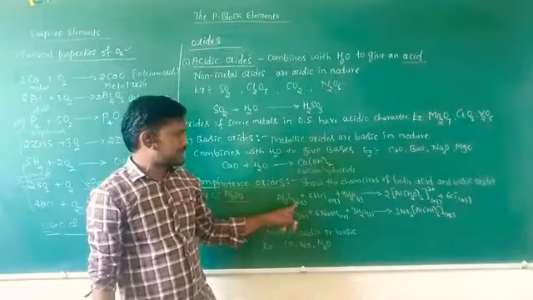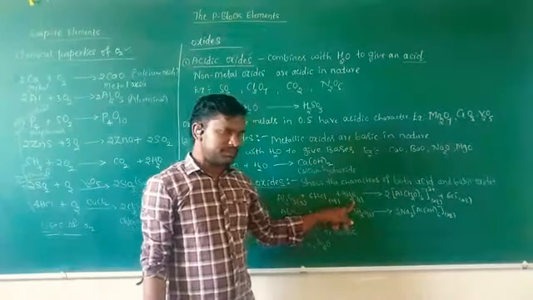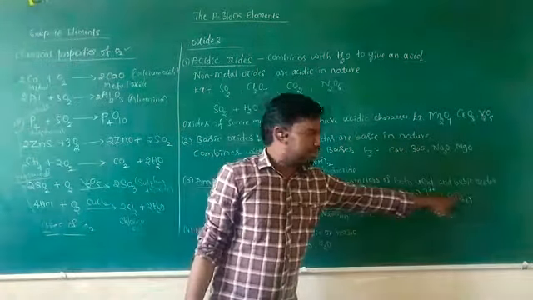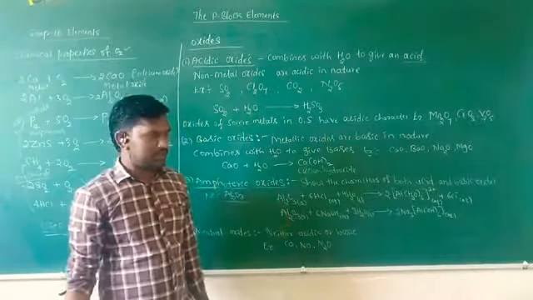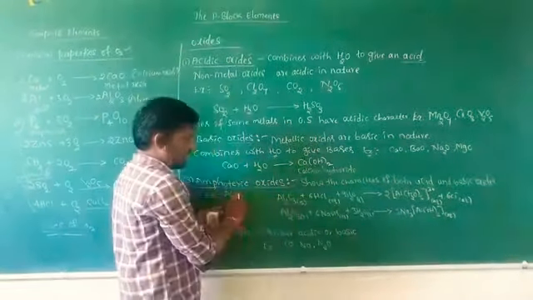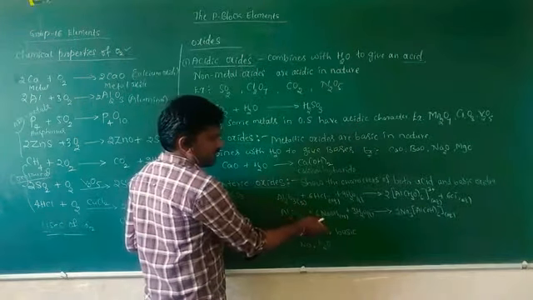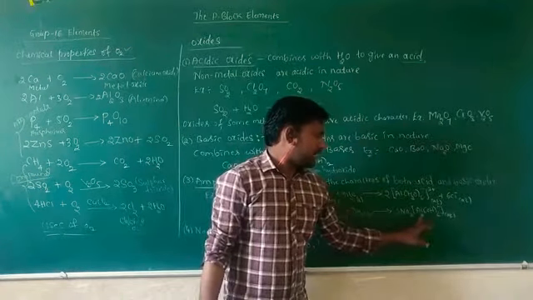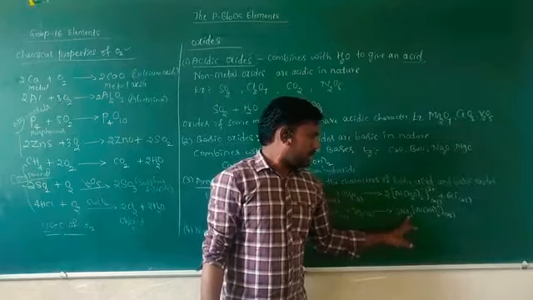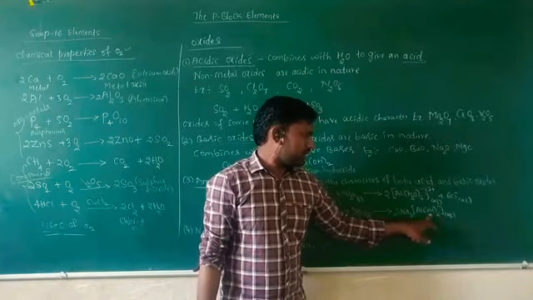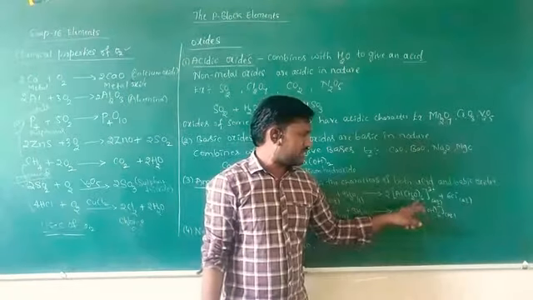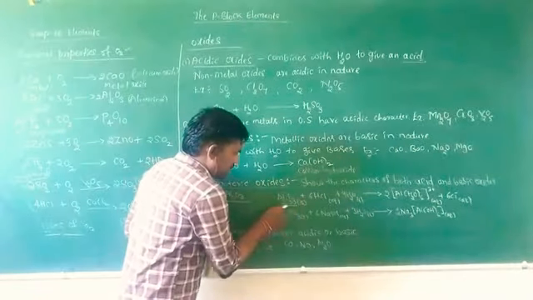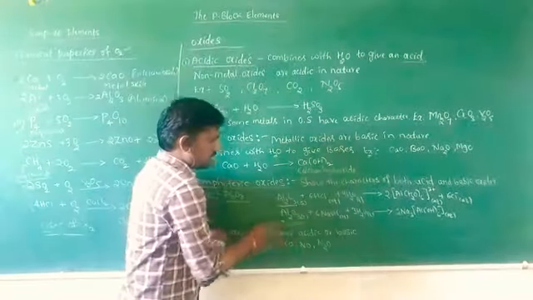Let us see how it is formed. It reacts with acid and water to give the complex hexa-aqua aluminium ion plus 6Cl-. And the same alumina reacts with the base sodium hydroxide in the presence of water to give Na3[Al(OH)6], sodium hexahydroxoaluminate.